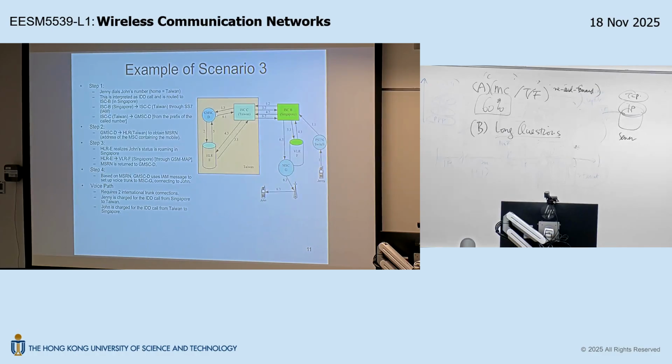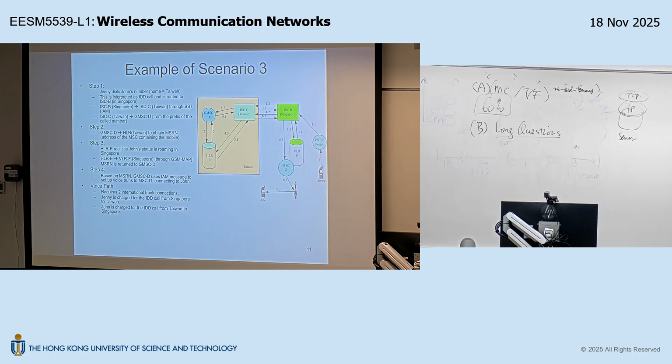That's the restriction of Signaling System number 7, because it was designed for PSTN, and PSTN doesn't have this kind of issue. Whenever you set up a trunk with SS7, you can only go forward. So the only thing you can do at this point is to continue to set up the trunk back to Singapore and then to the destination.